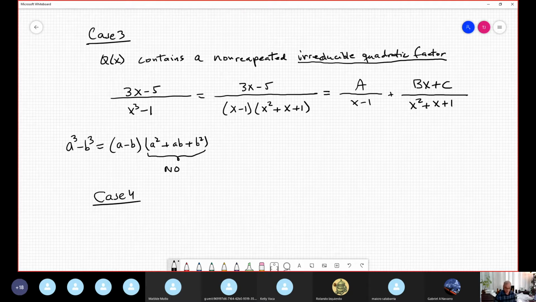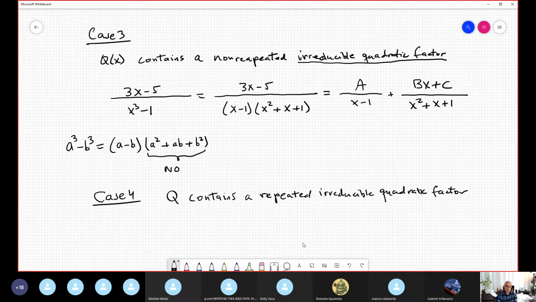Case 4 is the case in which Q contains a repeated irreducible quadratic factor.